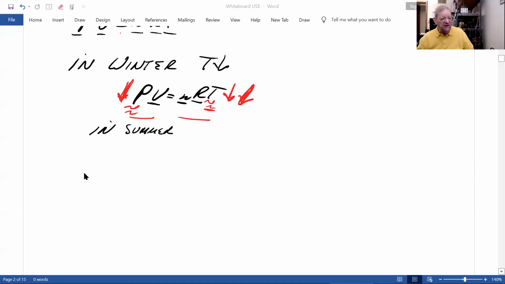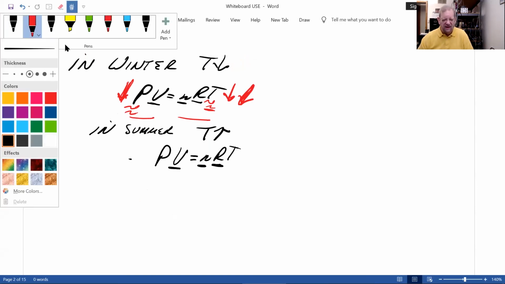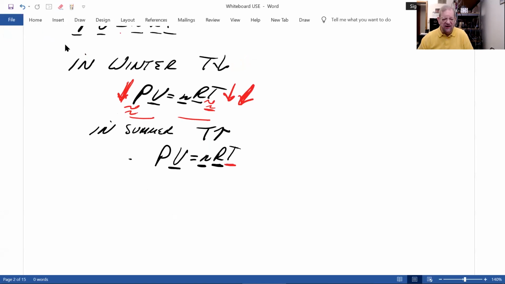Well, in the summer, what happens? The temperature goes way up. And that summer, unfortunately, it really did. And PV equals nRT. In your tires, V, the volume, stays the same, the number of moles doesn't change, and R is the universal gas law constant. So the only thing that can change is the temperature.